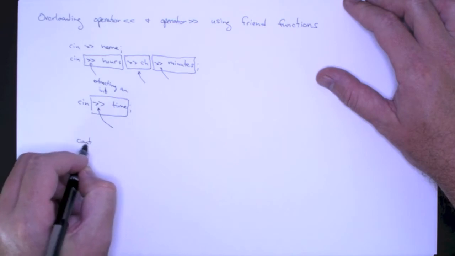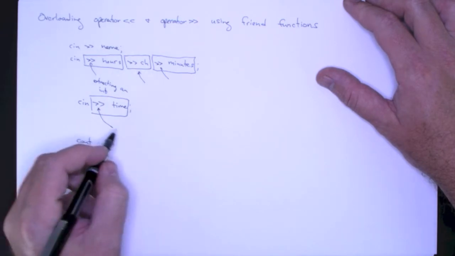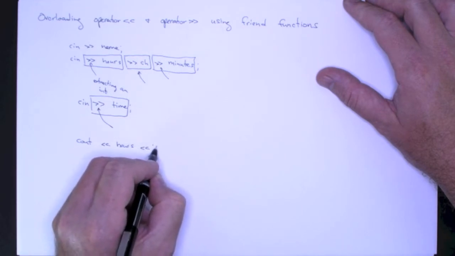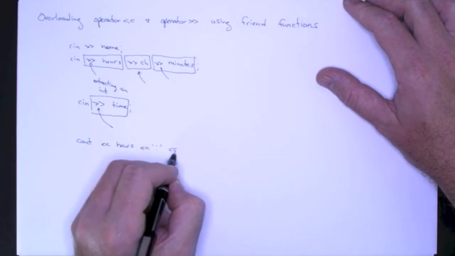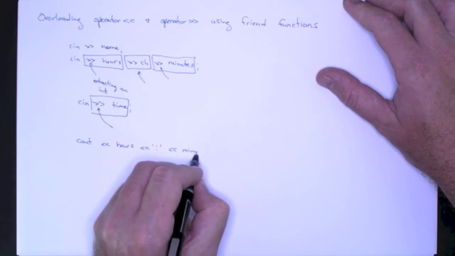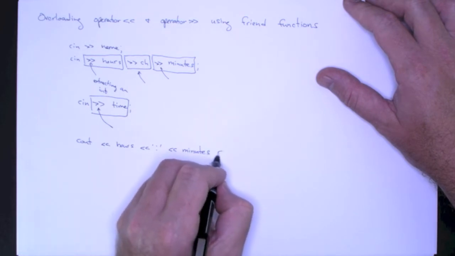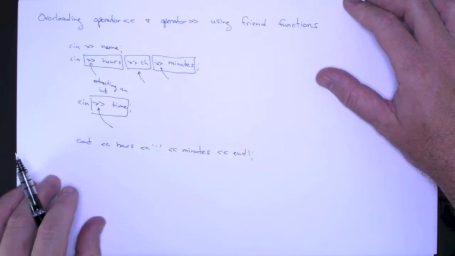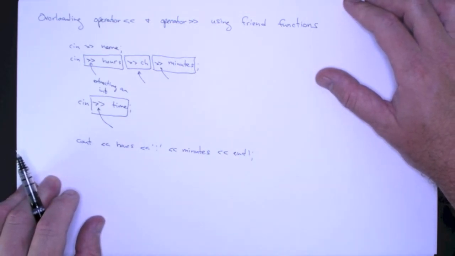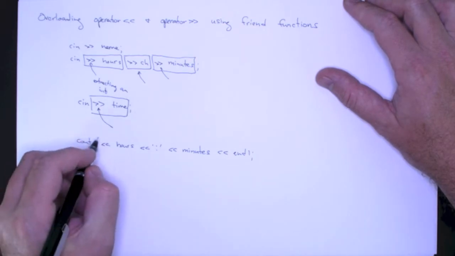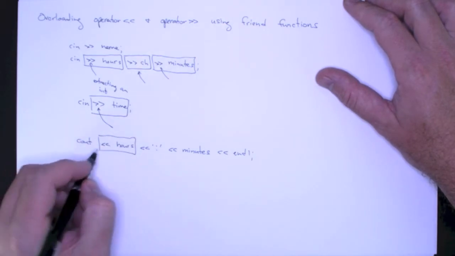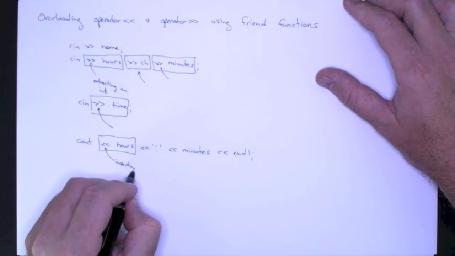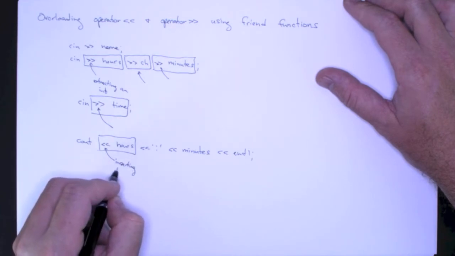Similarly, for cout, as you know, we can print out hours, and then we can print out a character, we can print out another integer. And of course we can use the stream modifier to give us an end of line. And what's happening here is this is inserting an integer.